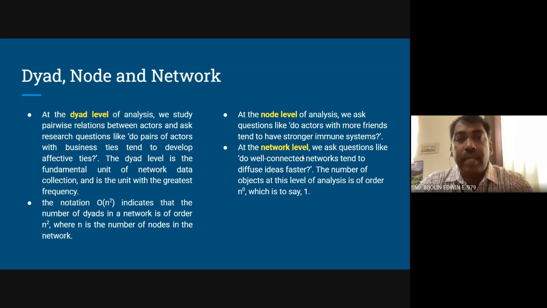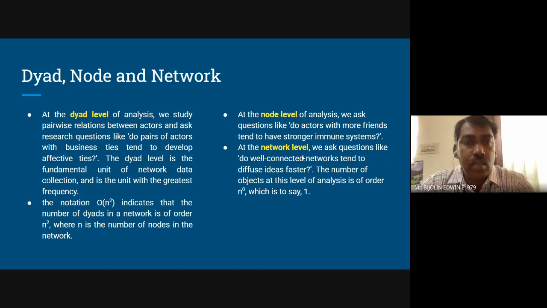Suppose 10 nodes are there; in the network level we connect from one node to another node. That will be a well-connected network which can extract information or data from each node and send it to the next level. That is another aspect of dyad, node, and network.